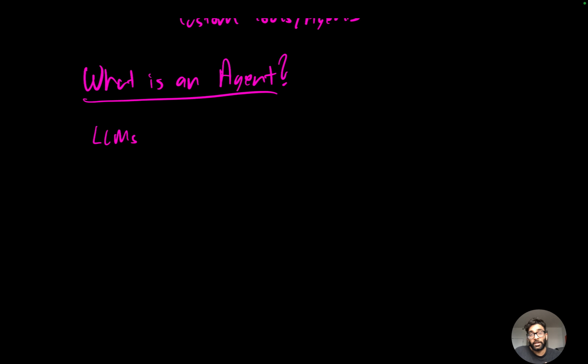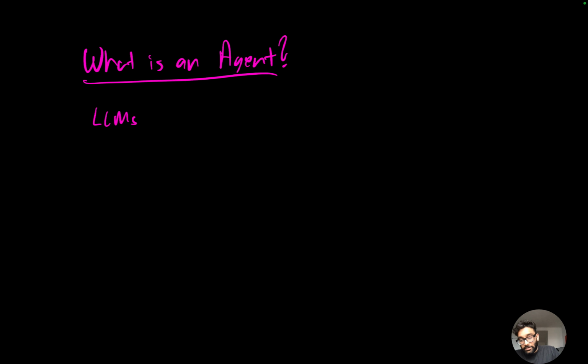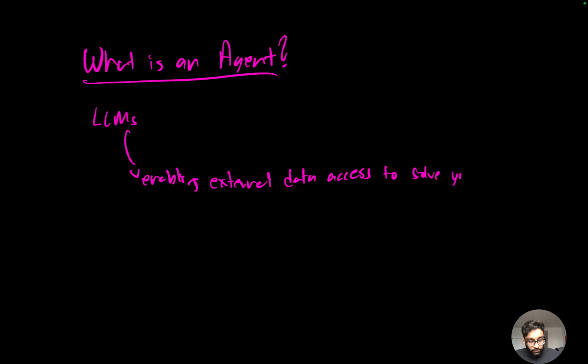It's not going to know what exactly to write because it doesn't know your schema. It doesn't know exactly what it's dealing with. So the big challenge or reason for many of these different approaches is enabling external data access to solve your business problems. And that's really the crux of it.